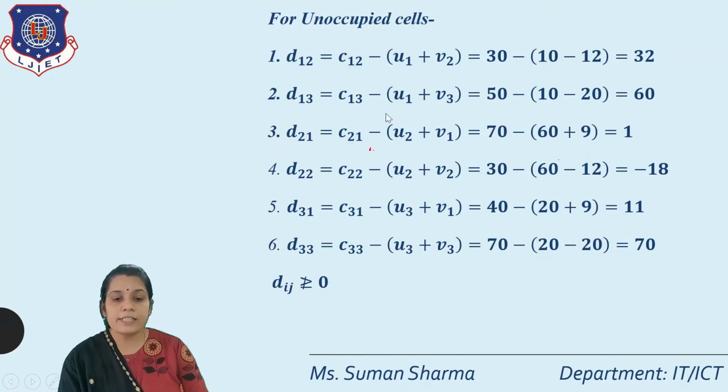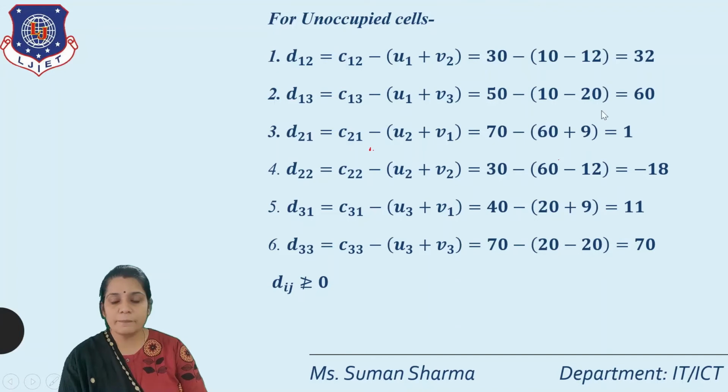Next one is the value of C13 is 50 minus U1 10 and V3 minus 20 is equal to 60. D21 70 minus 60 plus 9 is equal to 1. D22 30 minus 60 minus 12 is equal to minus 18. D31 40 minus 20 plus 9 is equal to 11. And D33 70 minus 20 minus 20 is equal to 70.